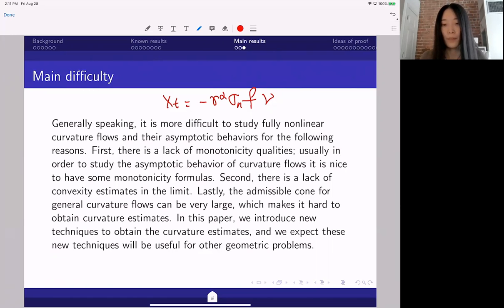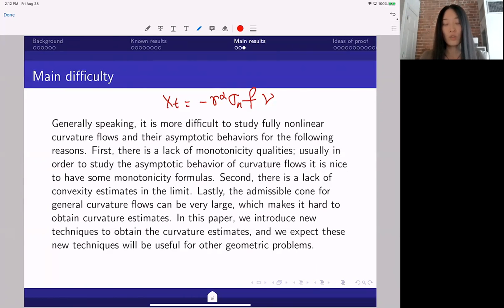Finally, the difficulty is in doing the C^2 estimate, which is a curvature estimate, because the admissible cone for general curvature flows can be very large. For example, if we consider a convex hypersurface, then the admissible cone is the convex cone, which means that we start this flow in the cone where kappa_1, kappa_2, up until kappa_n are all positive.